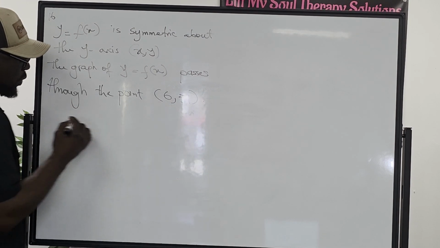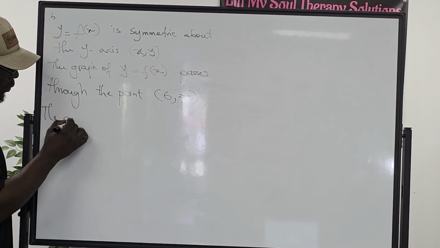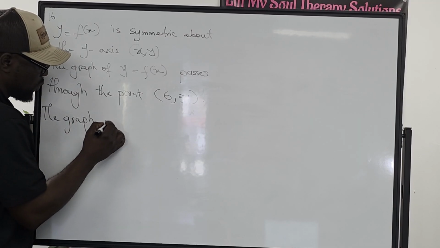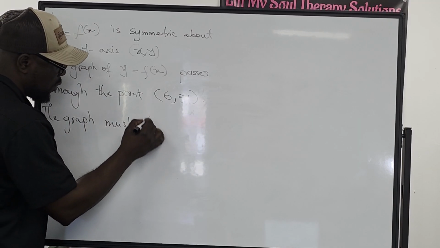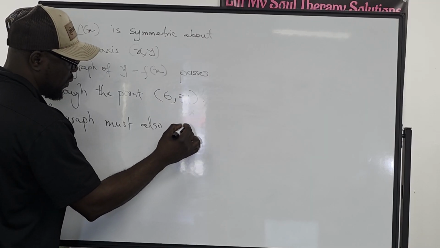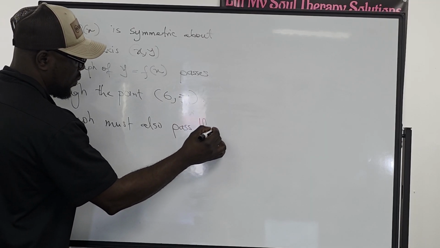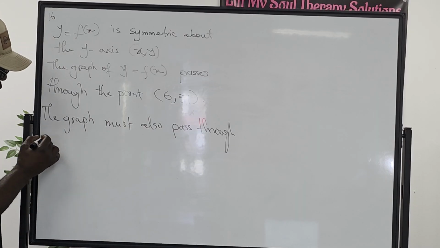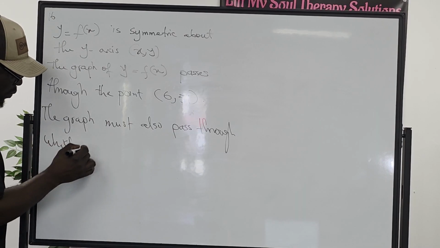Then full stop. Then the question says the graph must also pass through which point? Which of the following points?